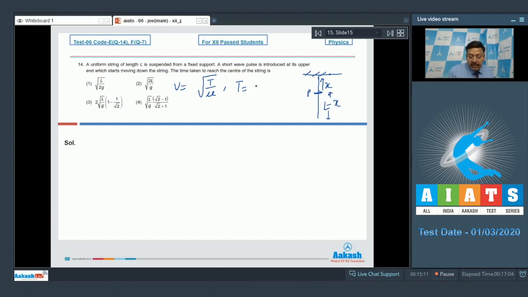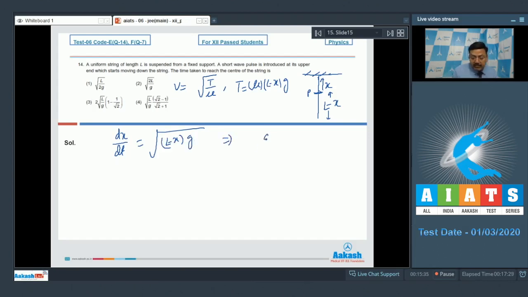The tension in fact will be mass per unit length mu into L minus x multiplied by g, that is T as a function of x. So the velocity, which we can say is dx by dt, is then coming out to be under root of mu into L minus x g by mu, and that means it is root of L minus x into g.